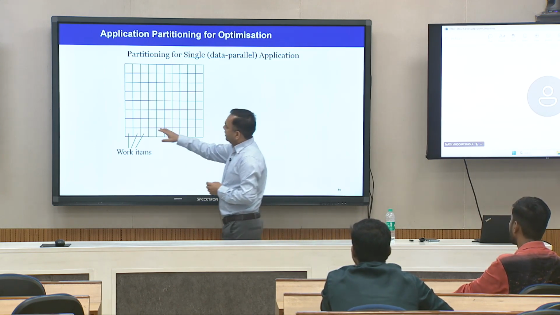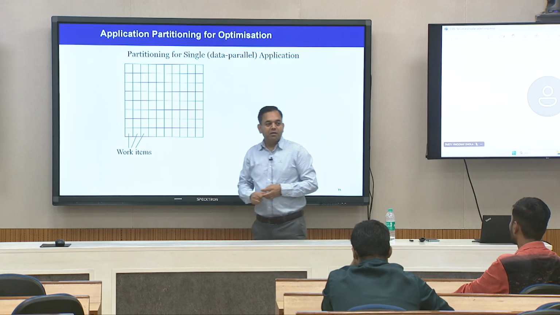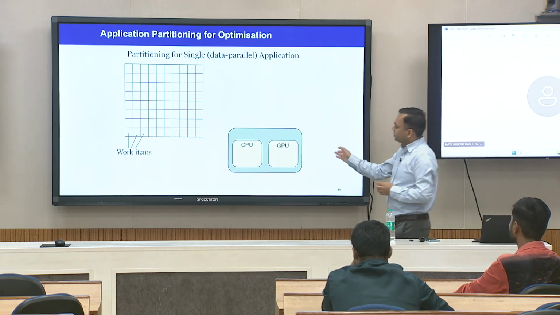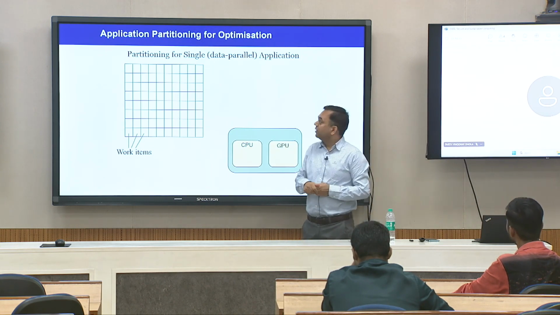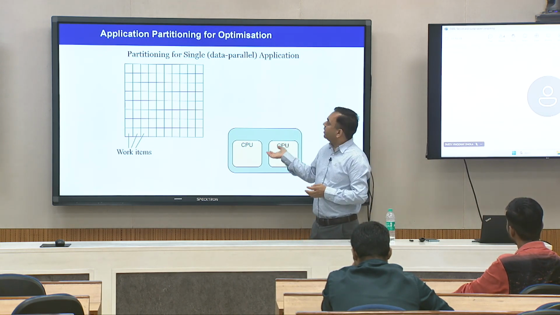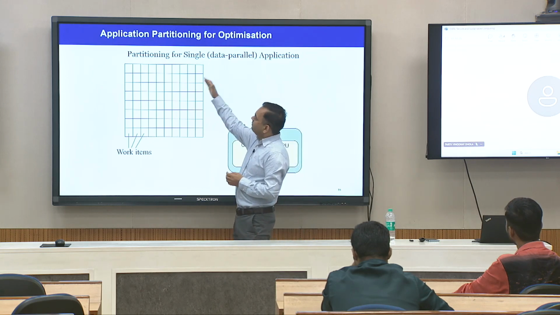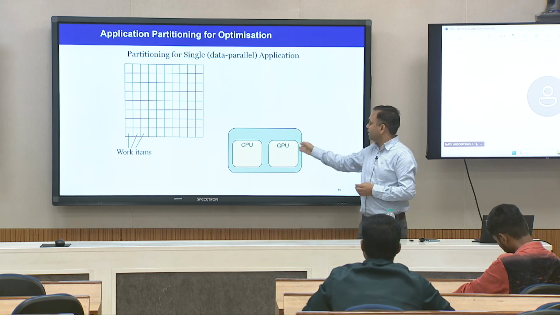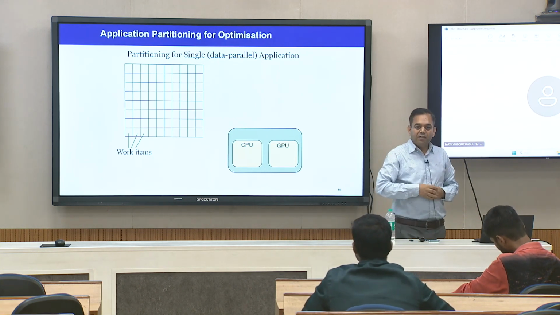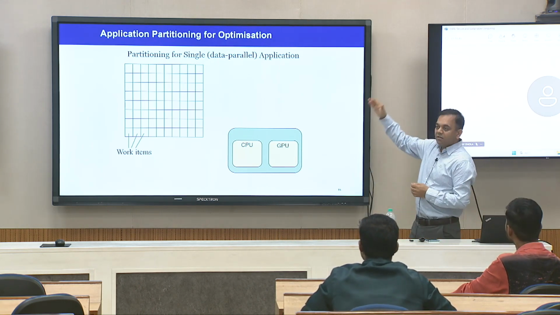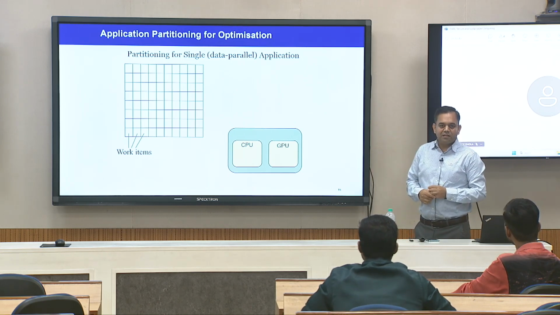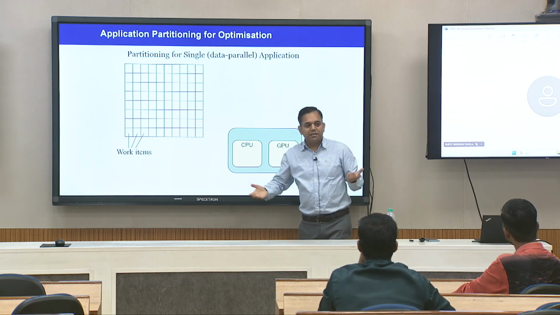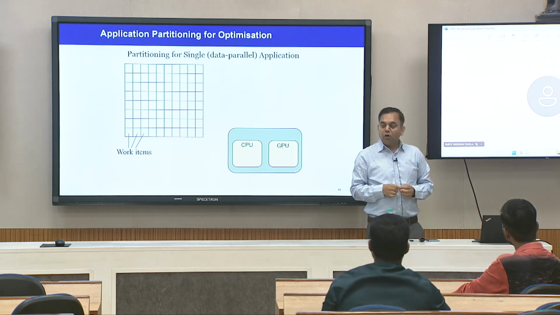So if for an application you have this many work items, and you have a platform that has both CPU and GPU, then you have a job to identify what fraction of work items will go on the CPU and what fraction will go on the GPU. So you can see there are so many possibilities, but this partitioning is another control, or knob.